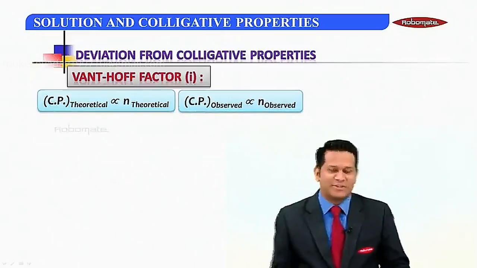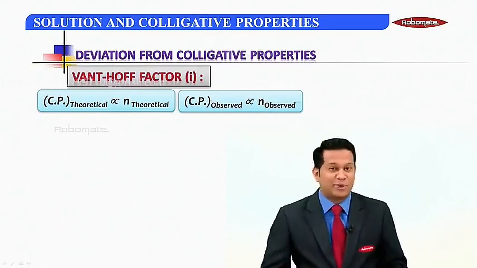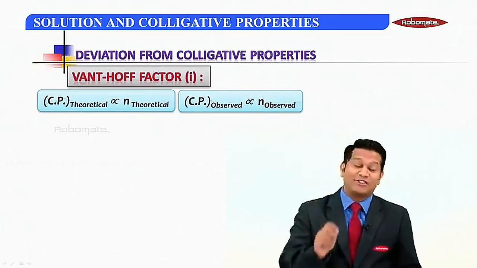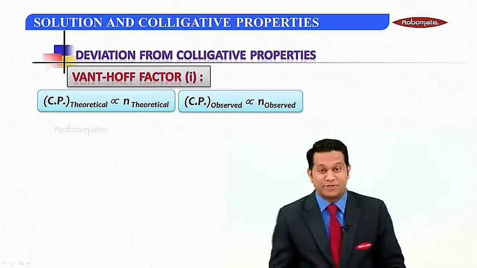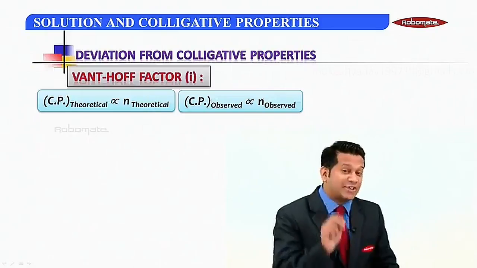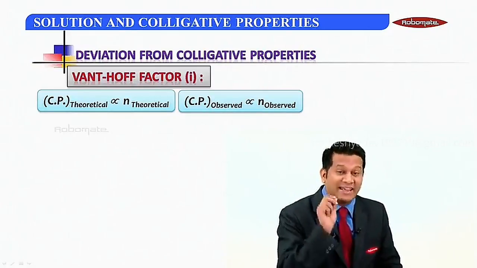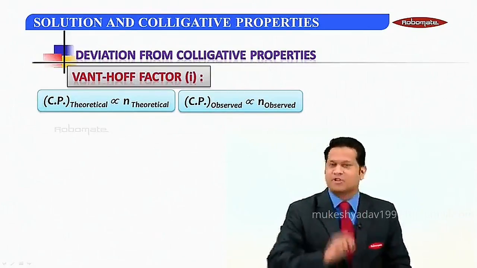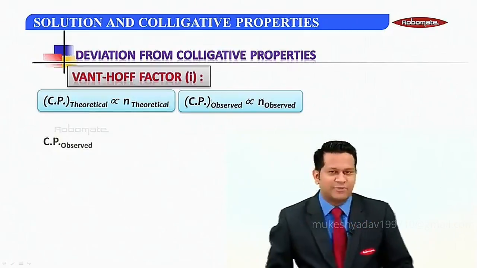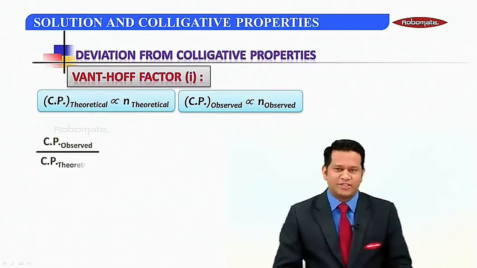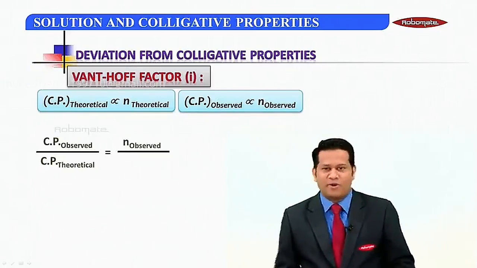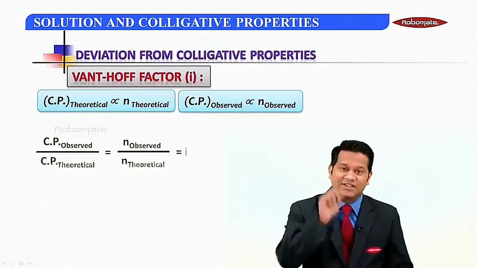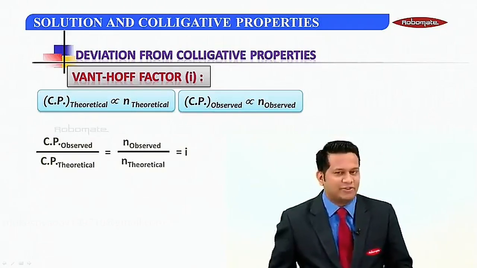We know that colligative property theoretical is directly proportional to n theoretical. This is the value I am expecting. And colligative property observed is directly proportional to n observed. This is the actual value of colligative property which I am observing. If I take the ratio of colligative property observed to colligative property theoretical, which is nothing but n observed upon n theoretical, then this ratio gives me i, the Van't Hoff factor.